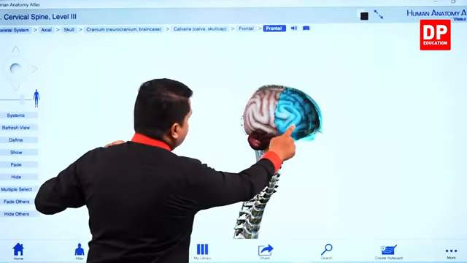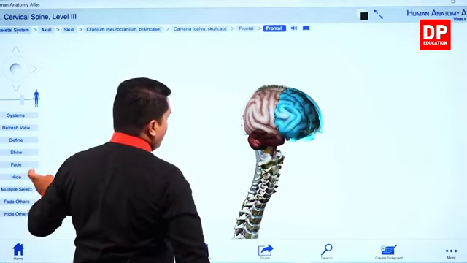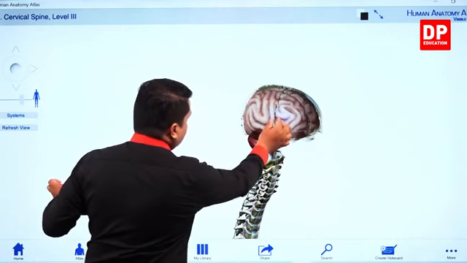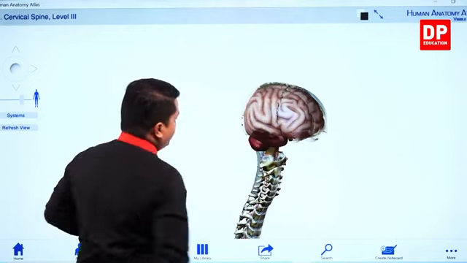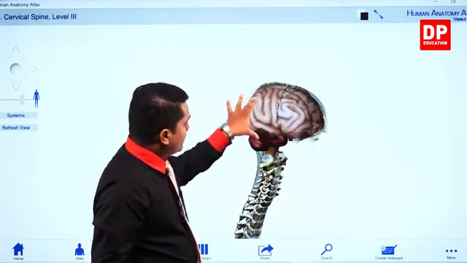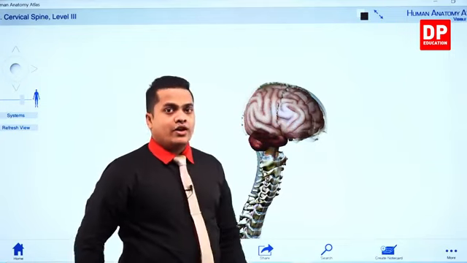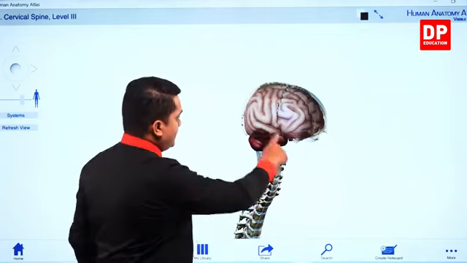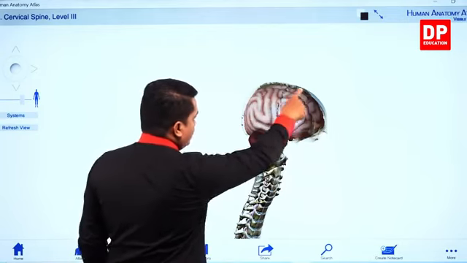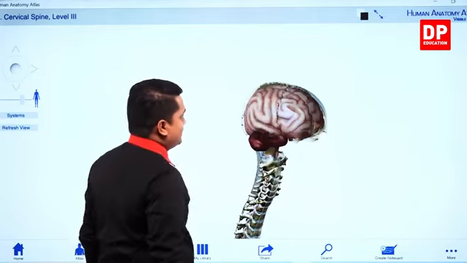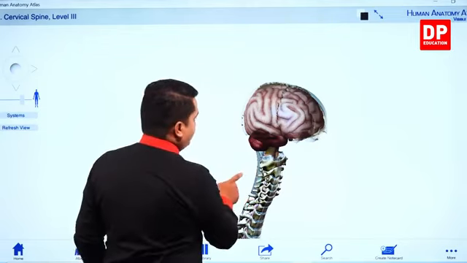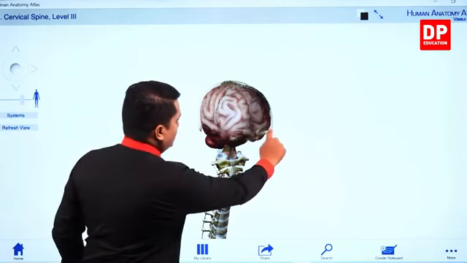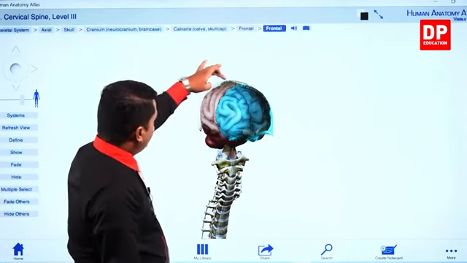Convoluted means these things are getting folded onto each other, right? They fold one another. This region, the larger region of the brain, is considered the cerebrum.